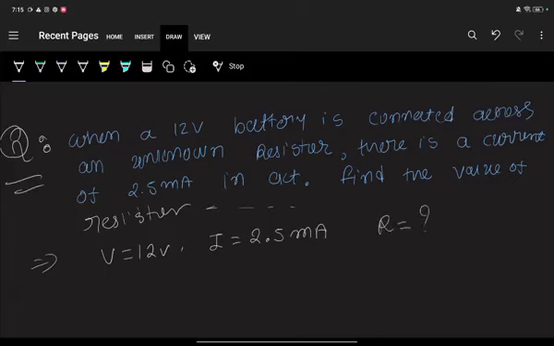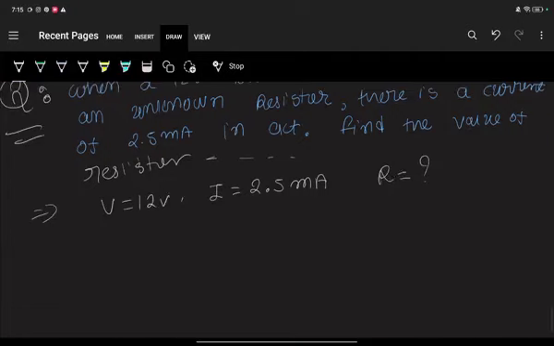What will be the answer? 4.8, sir. Value of the resistance is 4.8 ohms.